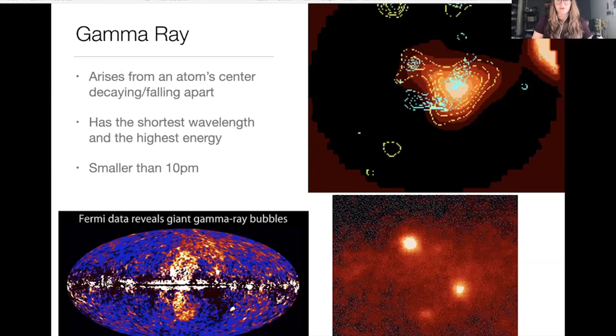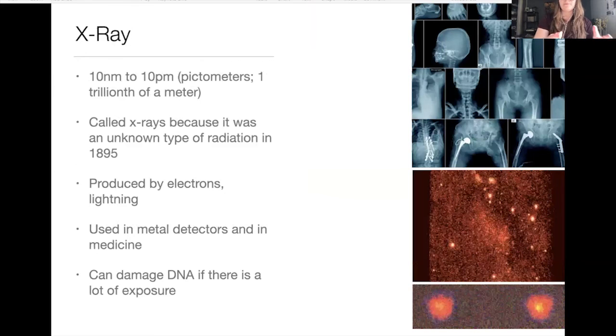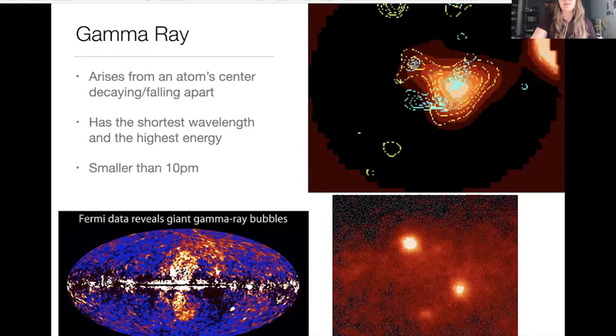It takes a lot of energy to do that, and so that's why it has the shortest wavelength and the highest energy. And essentially, there's no way to tell about the range of the size of these. Essentially, anything that is smaller than 10 picometers, which is the end of X-rays, is essentially a gamma ray.